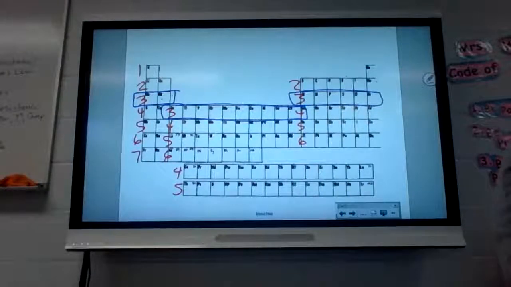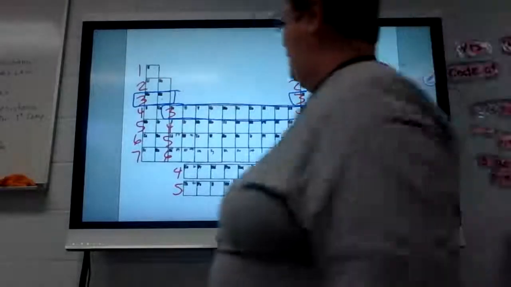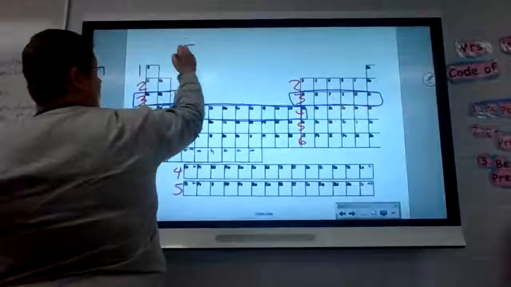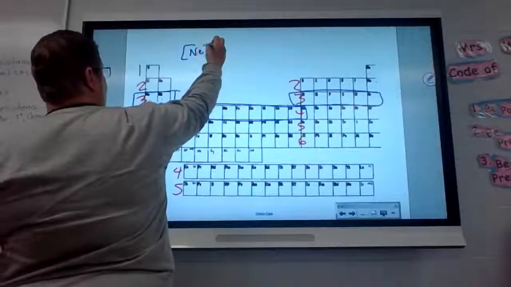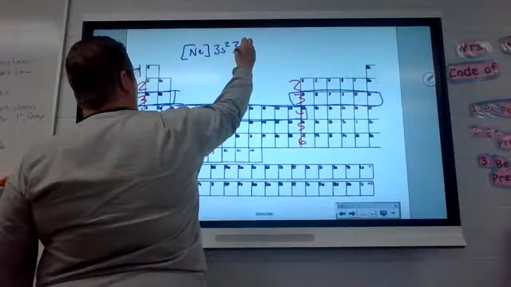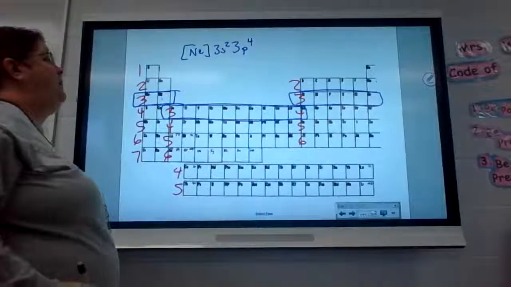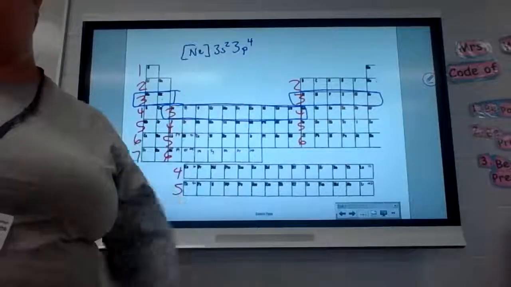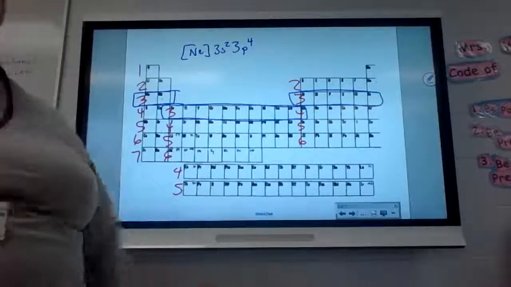The orbital notation of sulfur contains how many unpaired p electrons? 2. I'm going to do shorthand because I'm lazy that way. Ne, 3s2, 3p4. Where's the only place you would find unpaired electrons? In the last one.